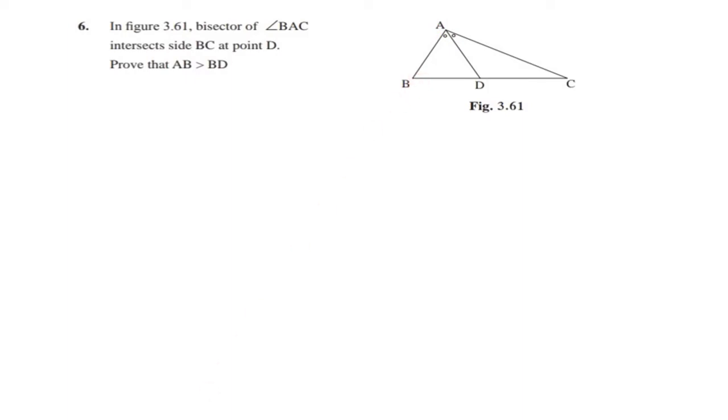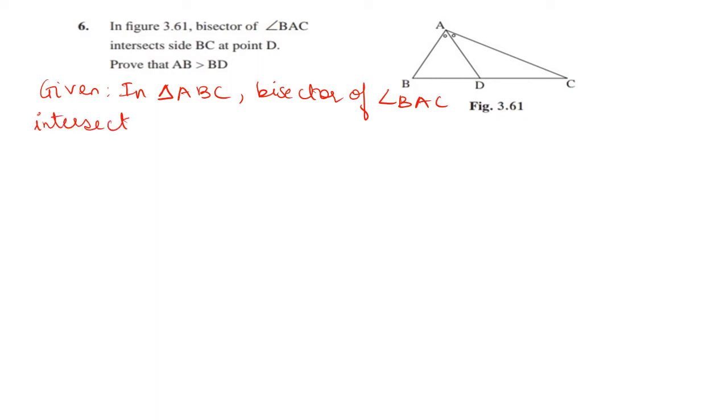Okay, so let's write given: in triangle ABC, the bisector of angle BAC intersects side BC at point D. You need to prove that AB is greater than BD.